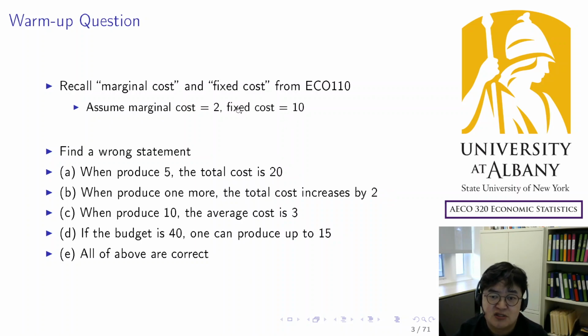In other words, the fixed cost of $10 is split over 10 units. So the average cost becomes the marginal cost plus the per-unit fixed cost, so $3. And when your budget is $40, $10 is deducted for the fixed cost, and then for the remaining $30, you can produce up to 15 units. So all these statements are correct.